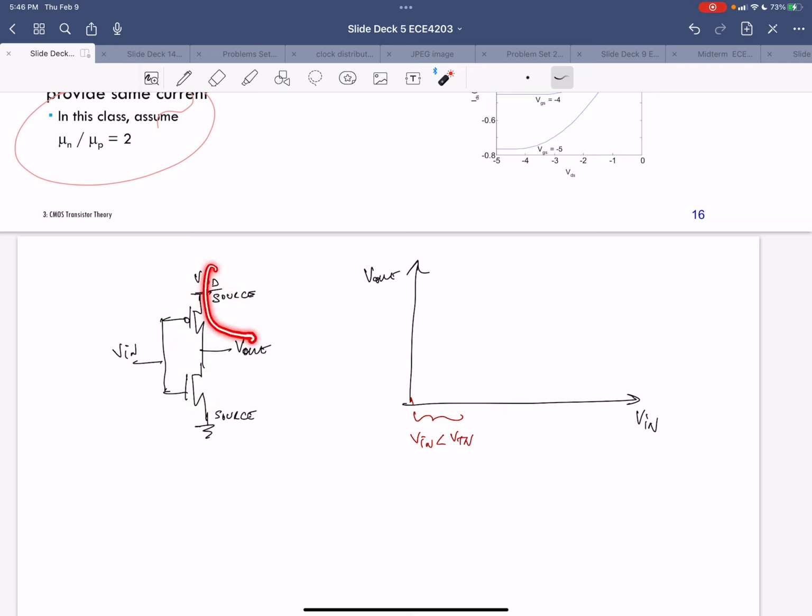So VDD is connected to my output, so my output in this region is going to be VDD.